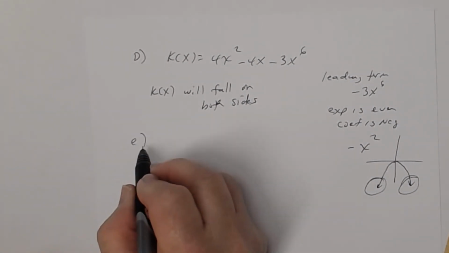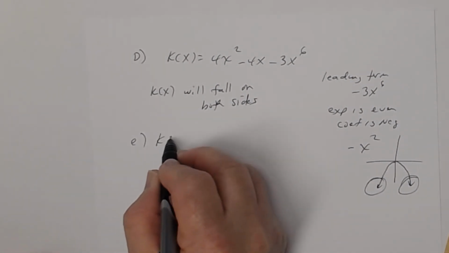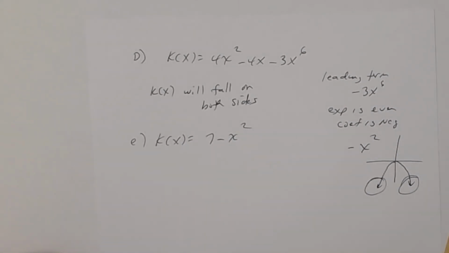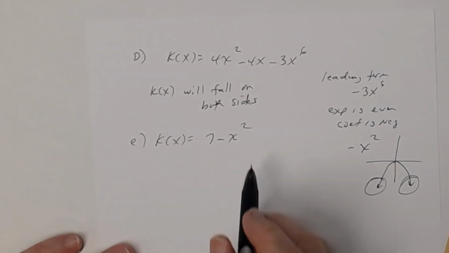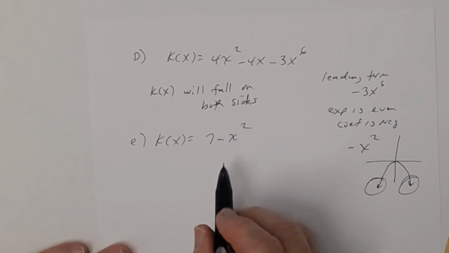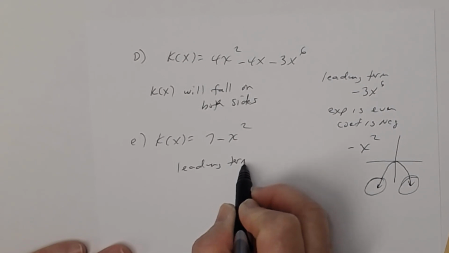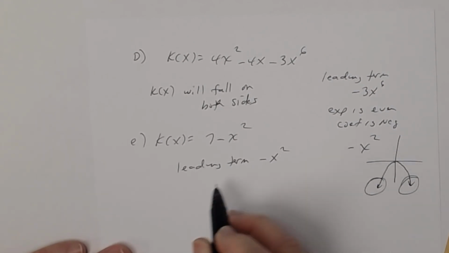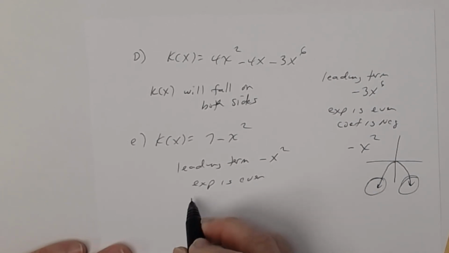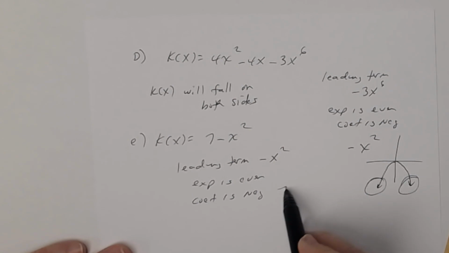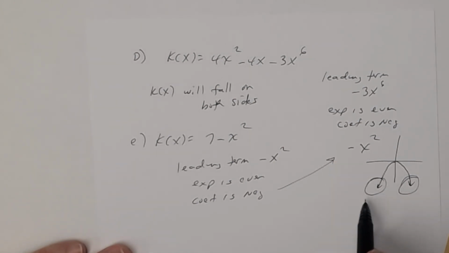And then we have one left, and that's E. We have k of x equals 7 minus x squared. My leading term is negative x squared. The exponent is even and the leading coefficient is negative, so it's the same as the last one.